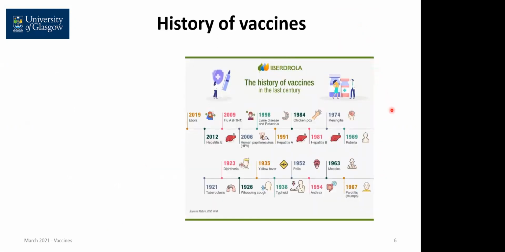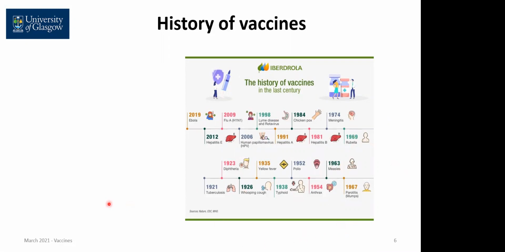So the next few slides are just to emphasize how important vaccines have been within the last century. You can see here on the right-hand side, this figure highlighting all of the diseases that have now essentially been abolished, or have at least been severely reduced within the human population, simply because of the production of vaccines.